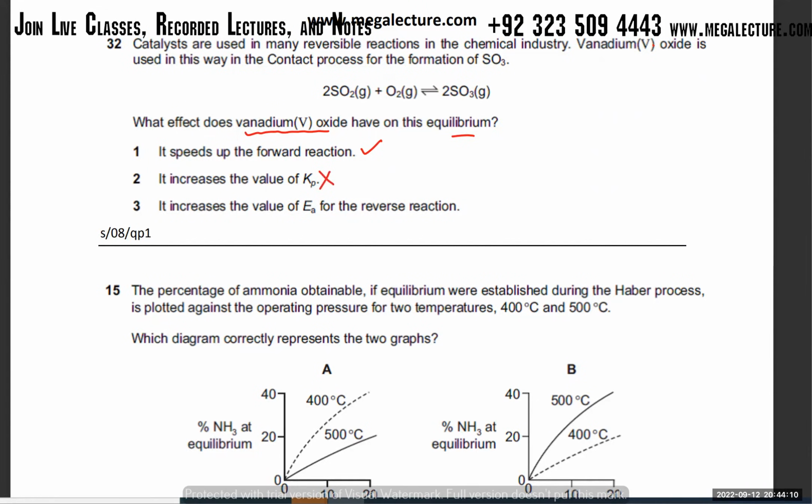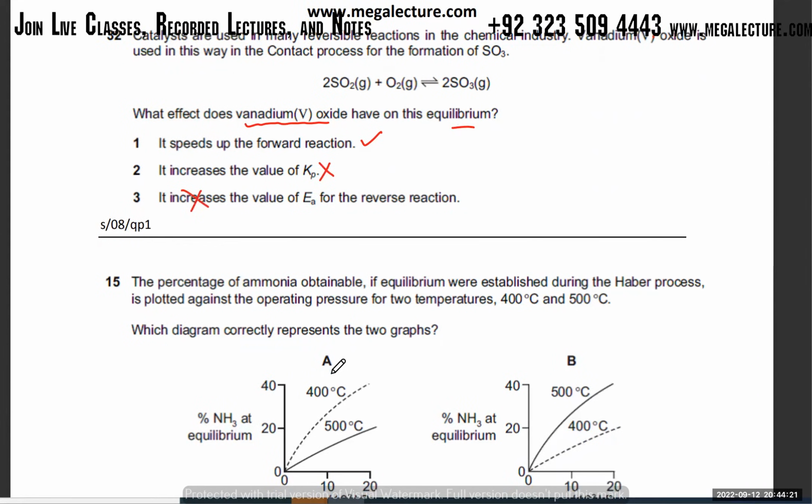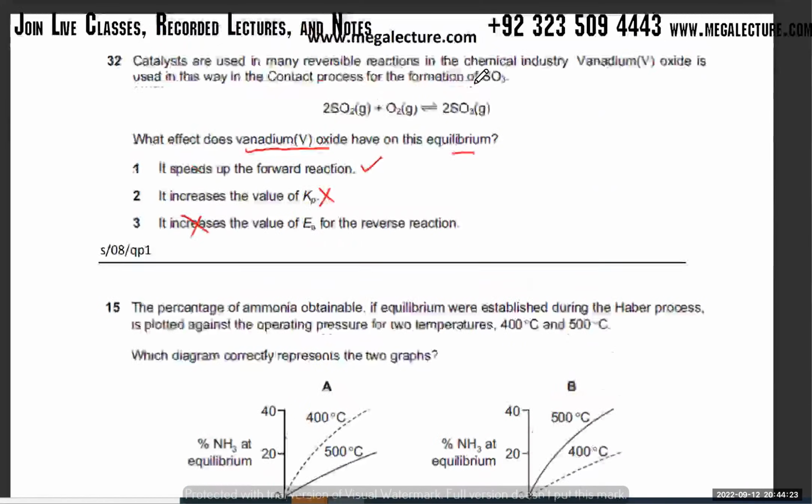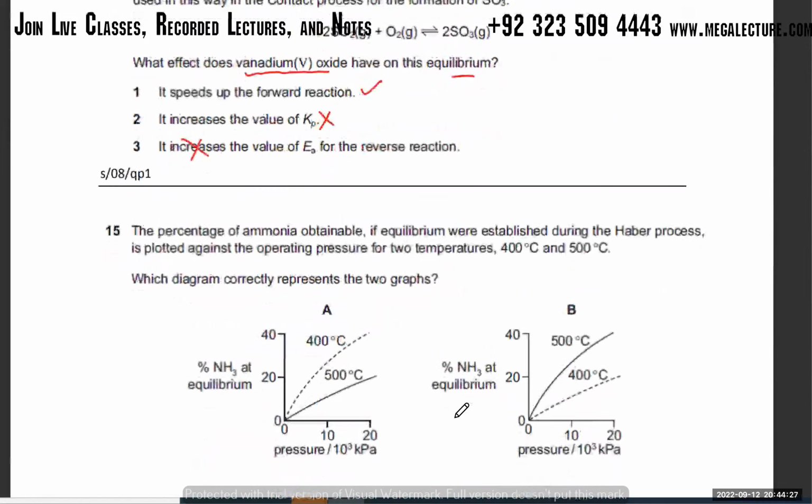What does the catalyst do? It decreases, not increases, it decreases the value of activation energy. ठीक है? तो ये तो खैर, this was more about पहला वाला point ये भी हमने पढ़ा था. ठीक है? अच्छा, moving to the next question. ये clear है this question? Yes. ठीक है? Yes, sir.